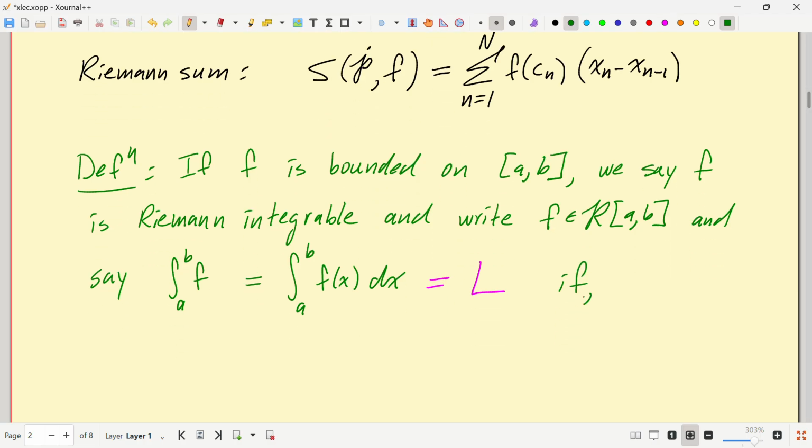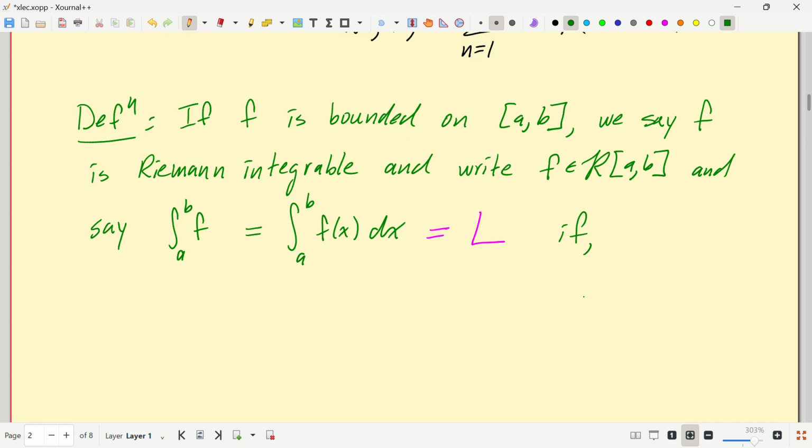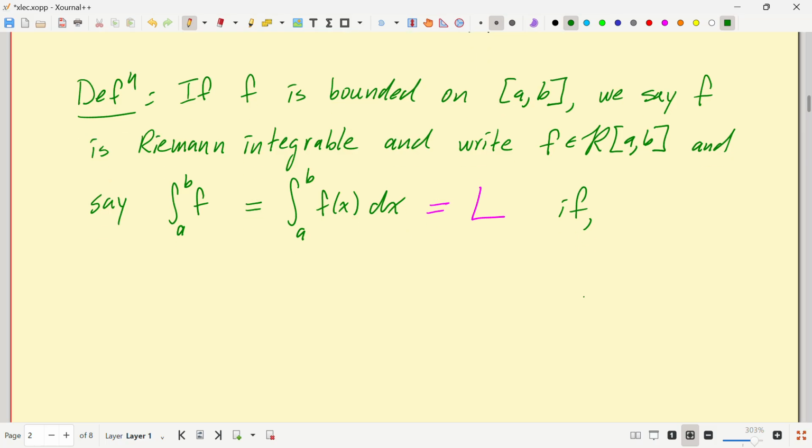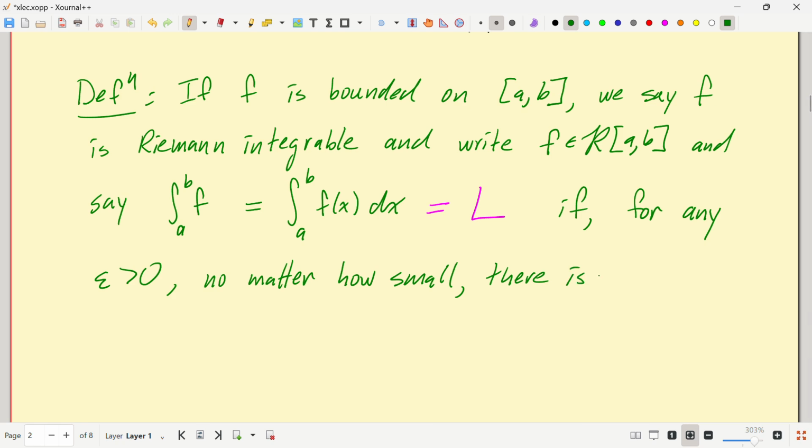here it is. I can't write this as a standard limit, because standard limits have been defined in terms of epsilons, deltas, and very precise wording in terms of functions of x. But it's very similar to that. If, for any epsilon bigger than 0, no matter how small, there is a delta, which might depend on epsilon.